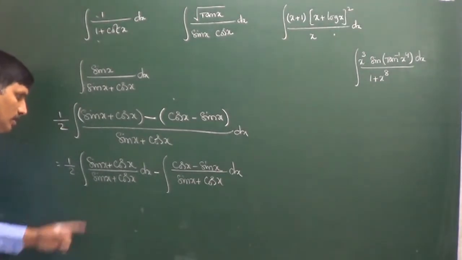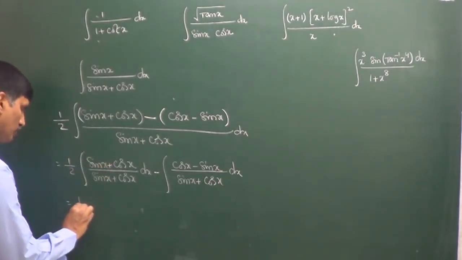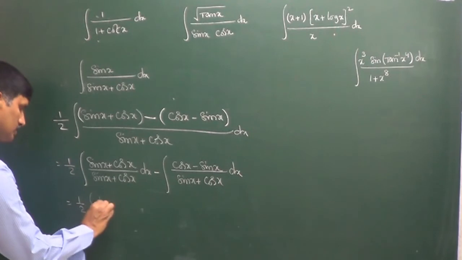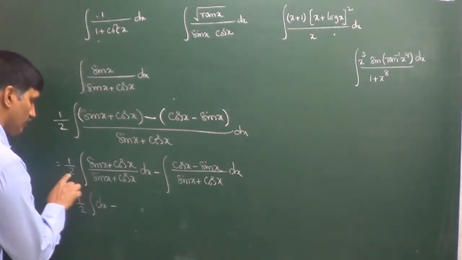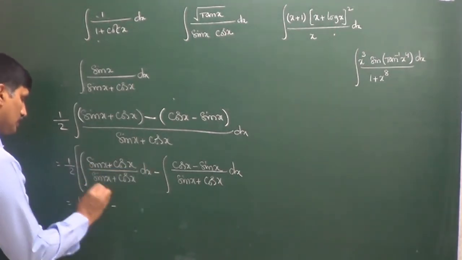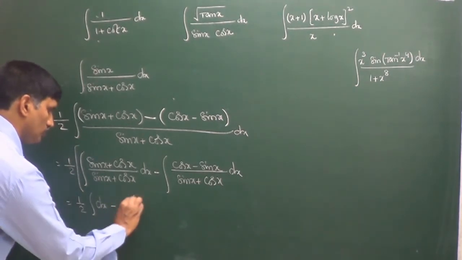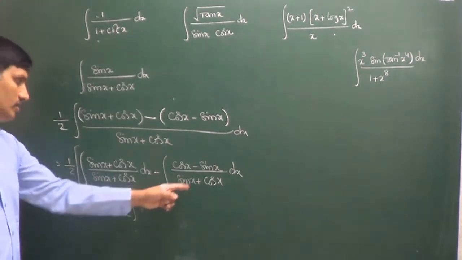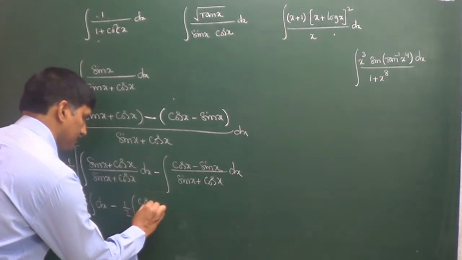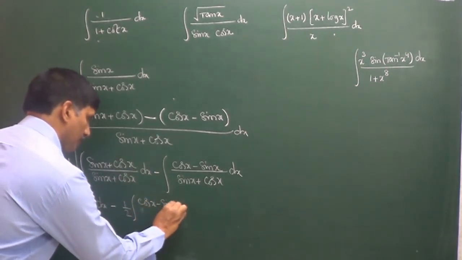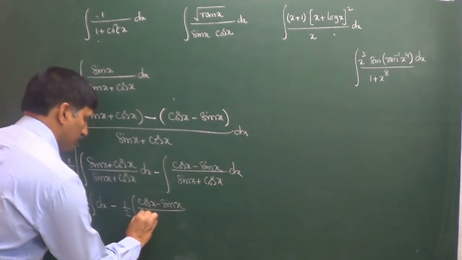Now you can see here, 1 by 2 into integration of dx minus, we are multiplying 1 by 2 inside, that's why here also you will get 1 by 2 into cos x minus sin x divided by sin x plus cos x.